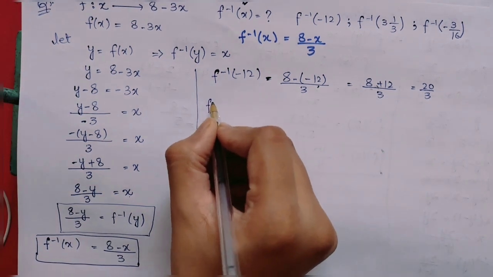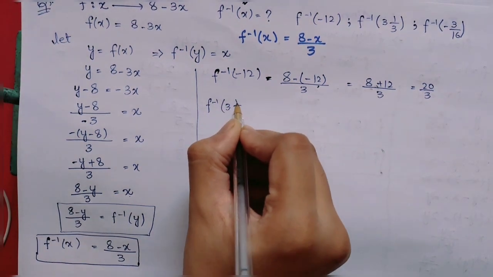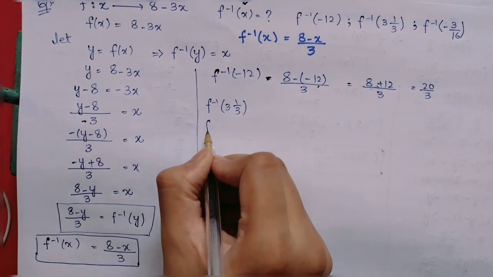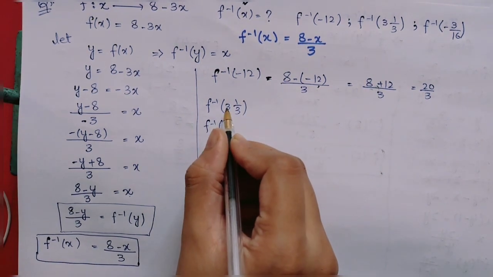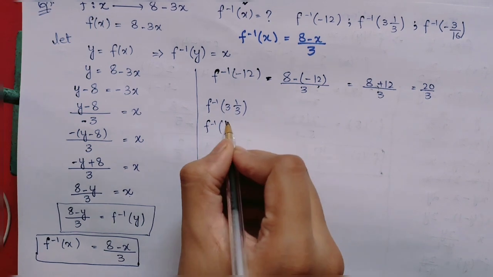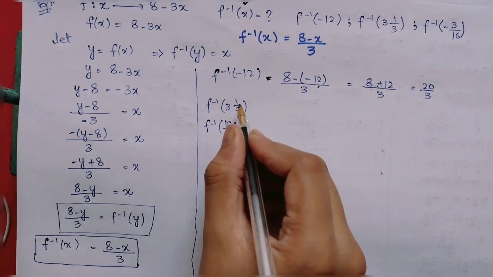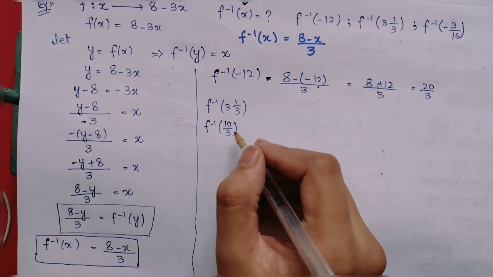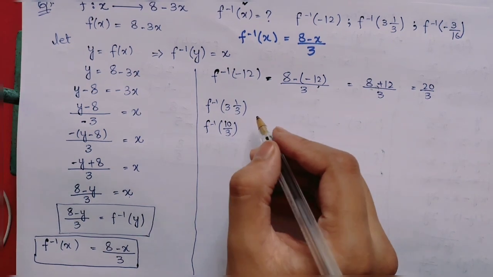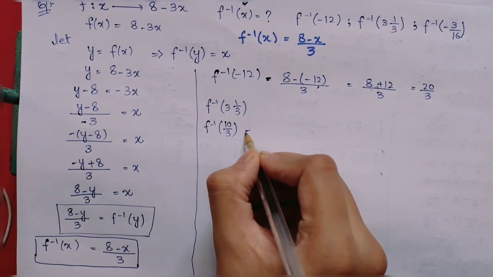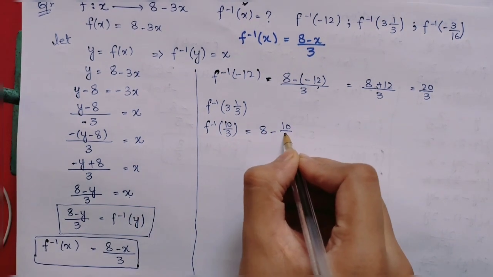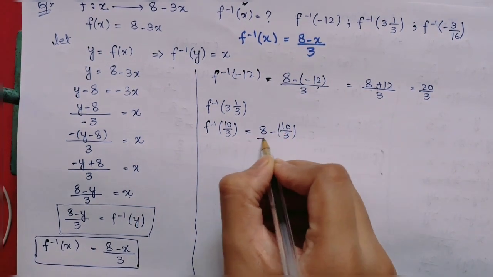When you have to find the value of f inverse of 3 whole 1 by 3, firstly simplify it. It is equal to f inverse of 3 threes are 9, plus 1, 10 by 3. This mixed fraction is equal to this common fraction. Now put the value of 10 by 3 in the place of x. It becomes 8 minus, in the place of x I am putting 10 over 3, over 3 in the denominator.